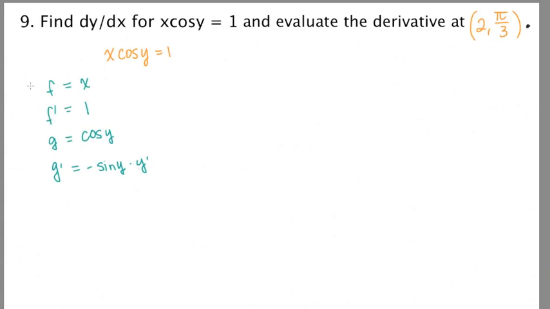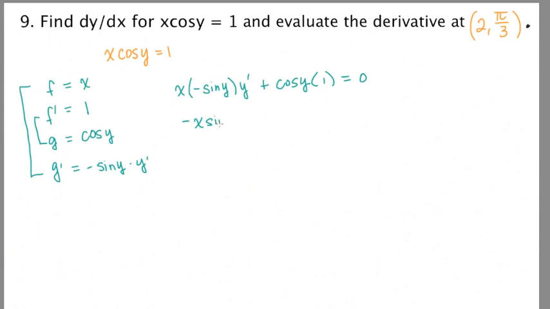The product rule is the first times the derivative of the second plus the second times the derivative of the first. So we're going to have the first times the derivative of the second plus the second times the derivative of the first. And then the derivative of 1 is just 0. So I'm going to rewrite this as negative x sine y, y prime, is equal to negative cosine y.